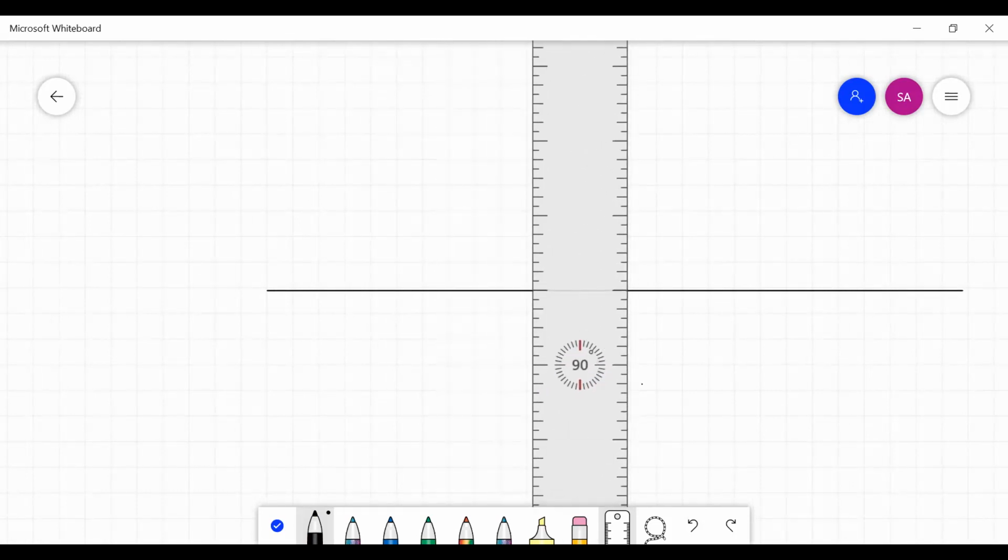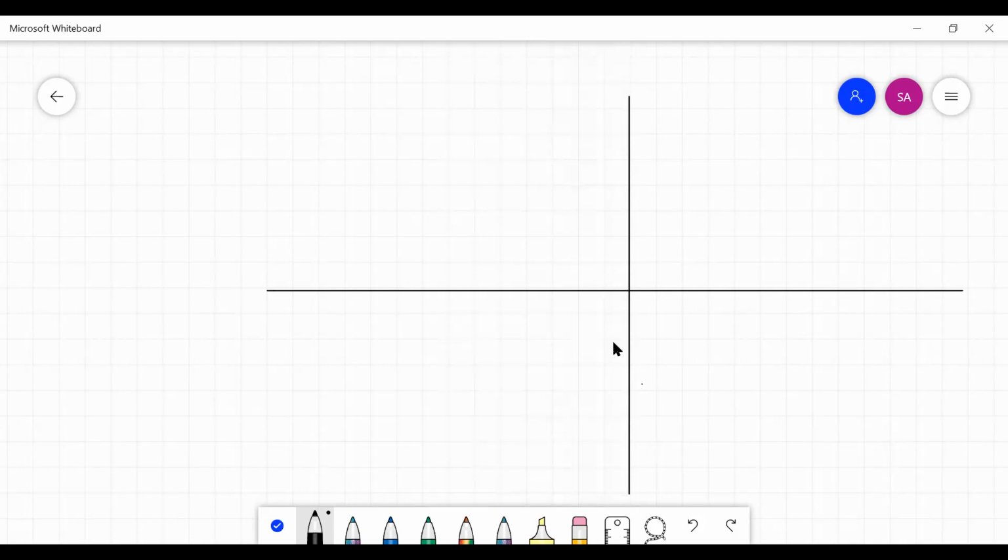Then where were the poles? We had a pole at 0. Then at -3, this is 1, 2, 3, here we had another pole, and also we had another pole here.